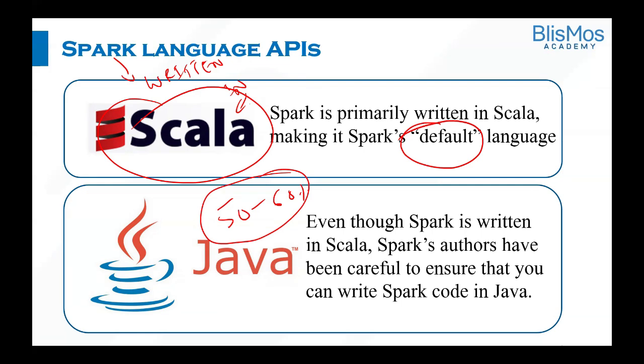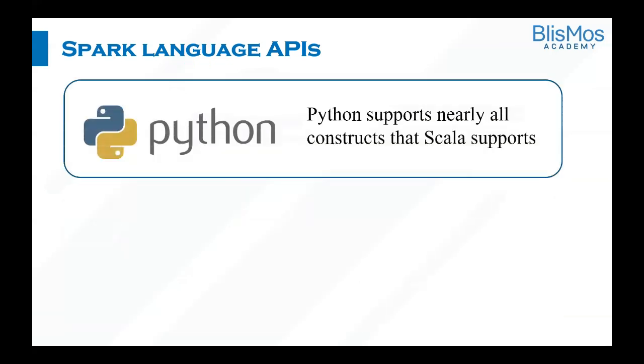Since a lot of applications were developed and maintained in Java, the creators of Spark went ahead and gave support for Java as well. And then comes Python. Python, especially in data, is ubiquitous.